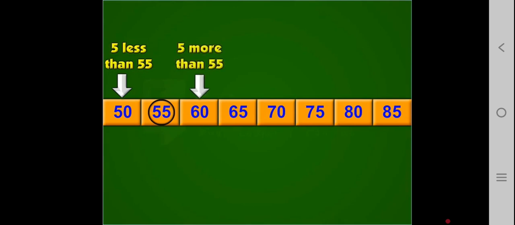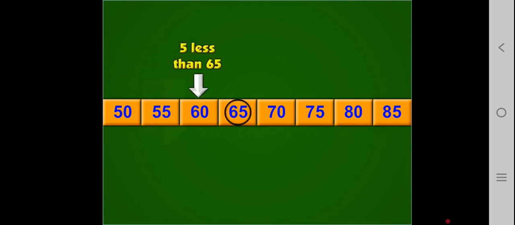We again have the counting tape. Let's look at the numbers starting with 55. Now 50 is 5 less than 55. And 60 is 5 more than 55. The next number on the tape is 65. 60 is 5 less than 65.